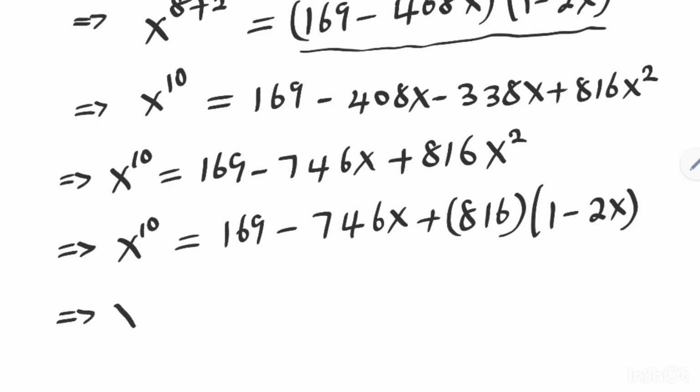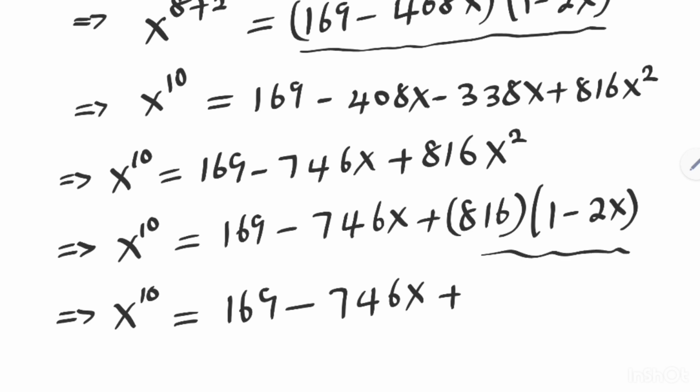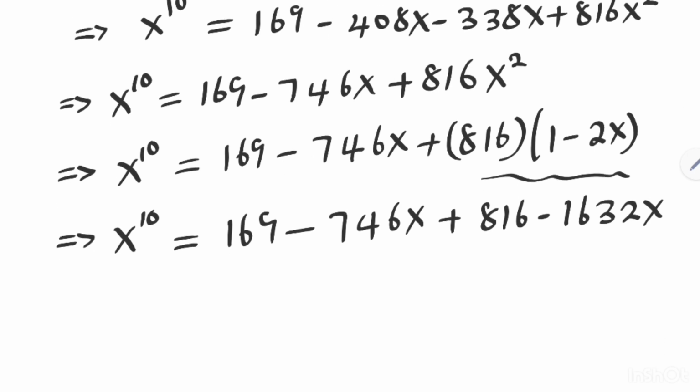This is x raised to power 10 is equal to 169 minus 746x plus, if you open this bracket, we have 816 minus 1632x.